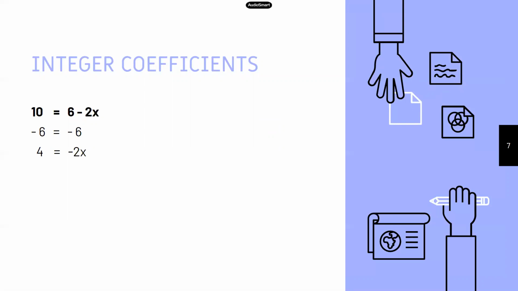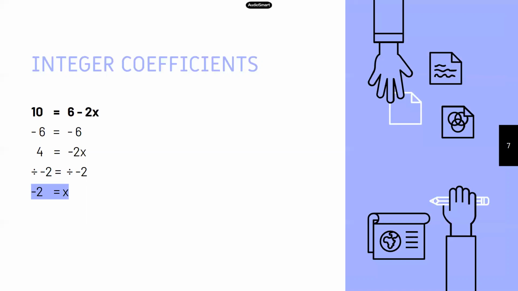And so you should be able to figure out that our next step is just dividing both sides of the equation by negative 2. So once we do that, on the left-hand side, we're going to be left with just negative 2, and on the right-hand side, we're going to be left with x. So our final answer for this problem would be x is equal to negative 2.